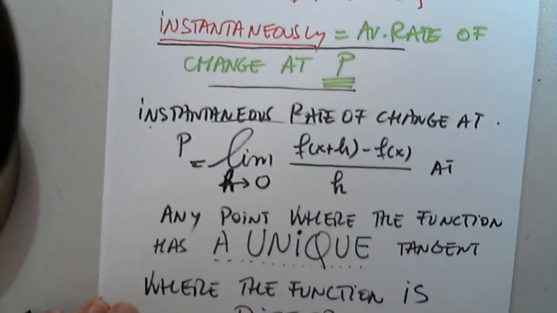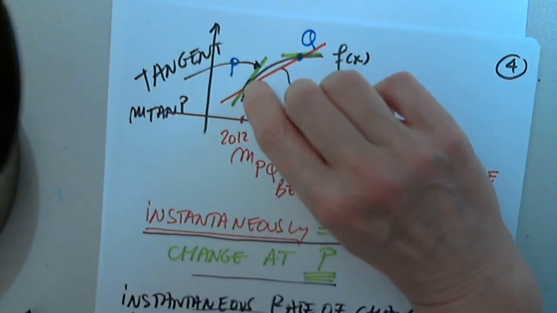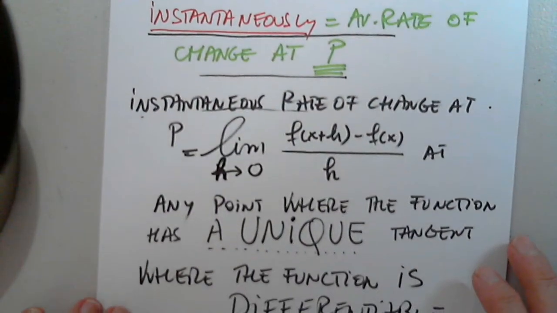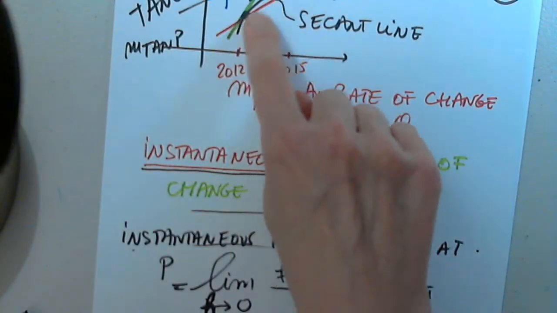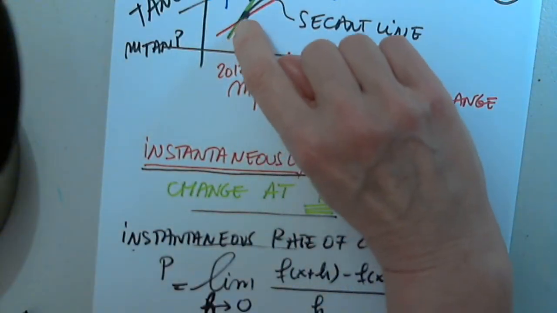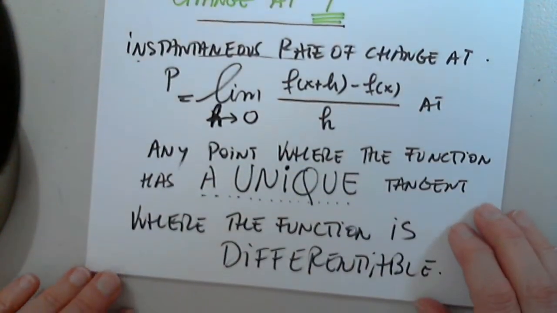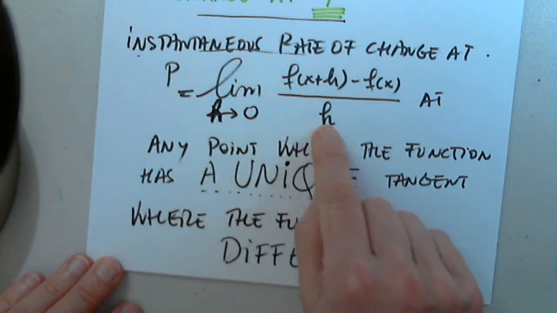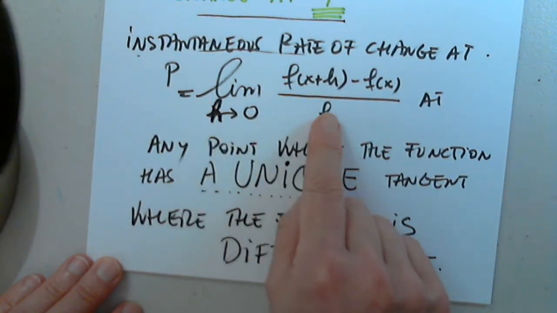Okay, so if I want to determine the slope of this line, I have to determine not the average rate of change, but the instantaneous rate of change. I have to put the limit in front of the difference quotient.